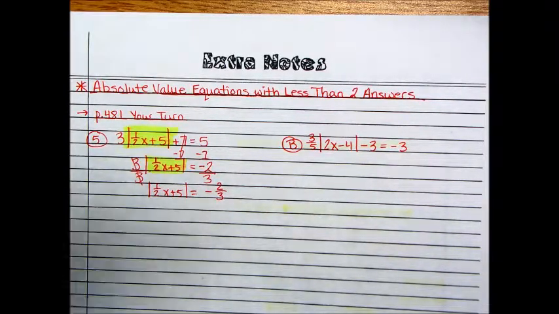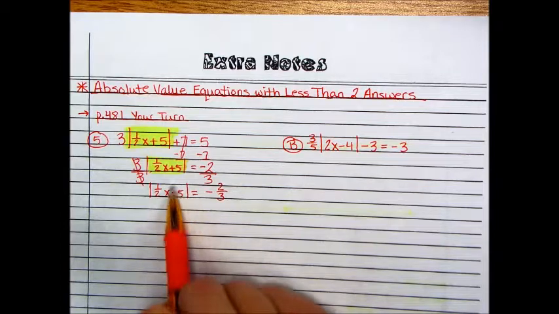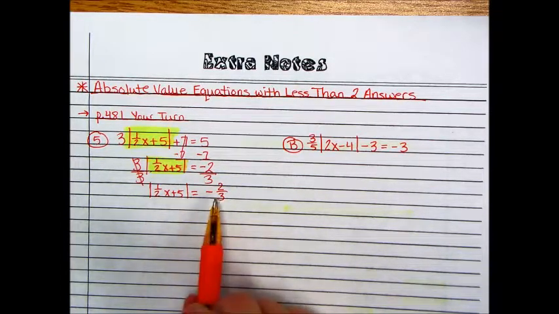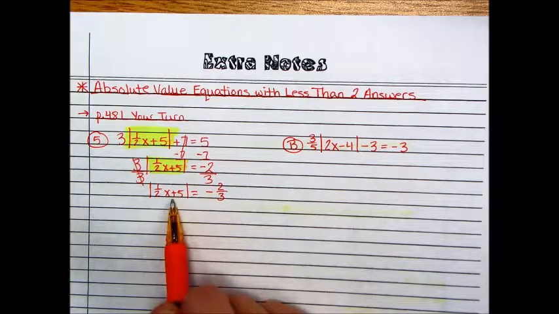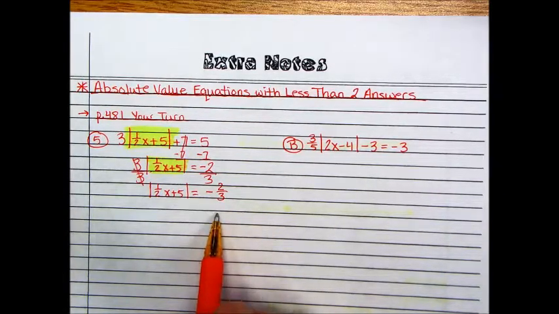Here is where I need your common sense to kick in. Guys, the absolute value of 1/2 x plus 5 is supposed to equal negative 2/3. Guys, I don't care what you put in there. When you take the absolute value of that number, you can't get a negative. So you need to make yourself a note right here.